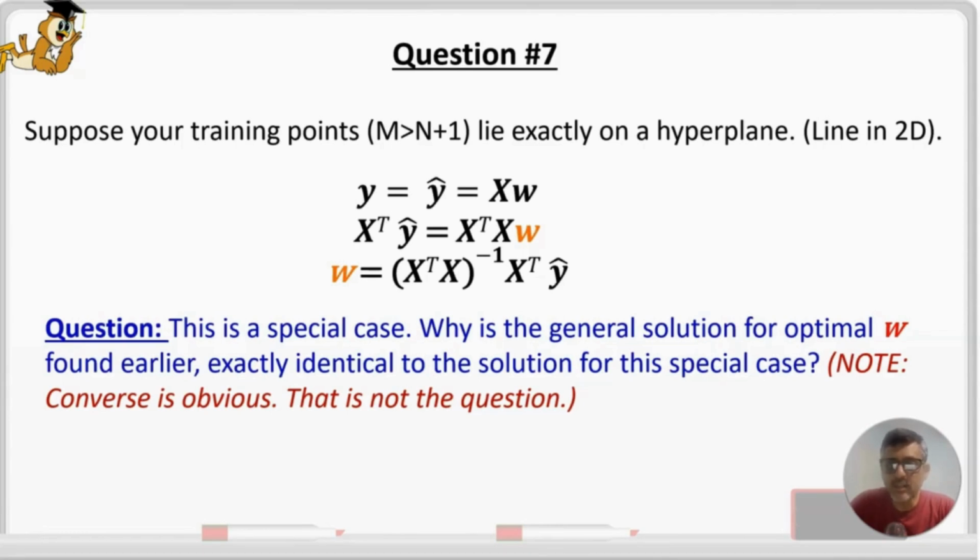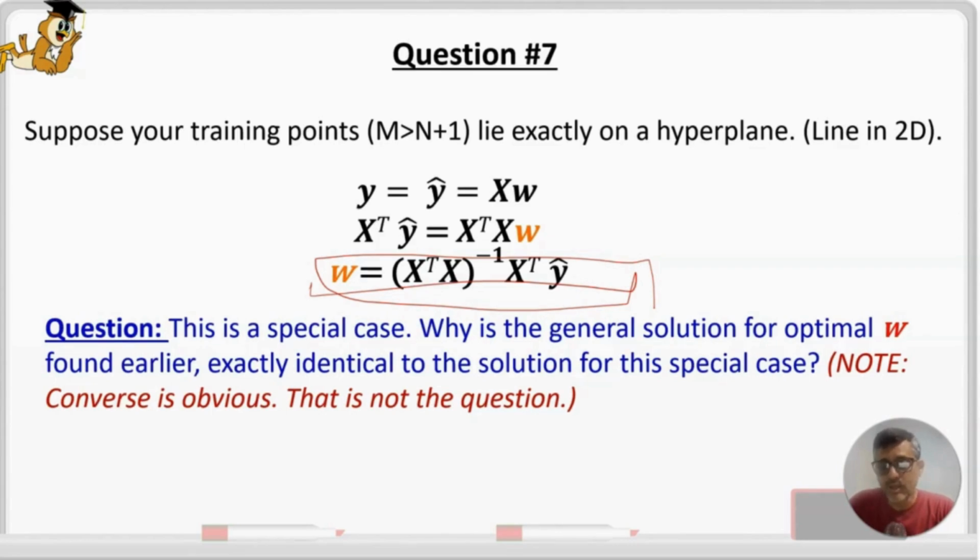And right here you can, in 3 steps, solve this to get the value of W equal to this, which was essentially the equation that you got in the closed form equation, right? Now clearly this is a special case. Why was our general solution for optimal W found earlier exactly identical to the solution for this special case?